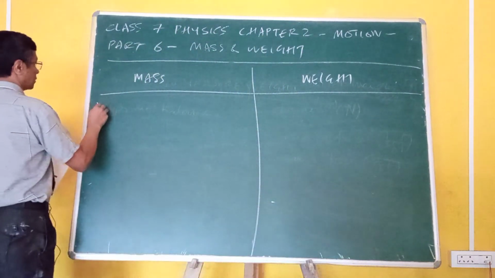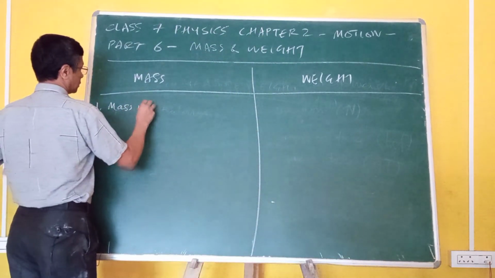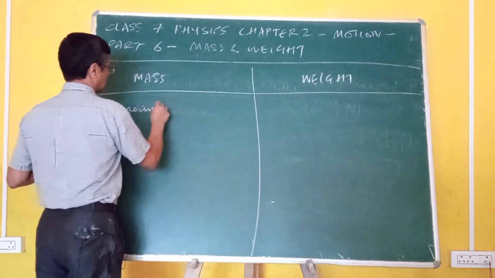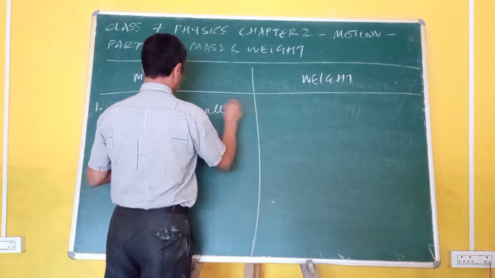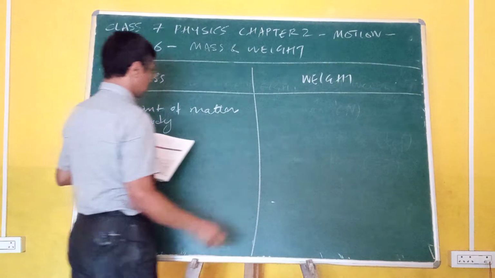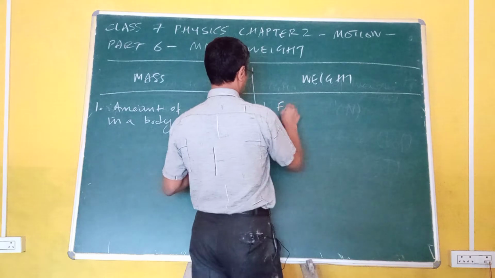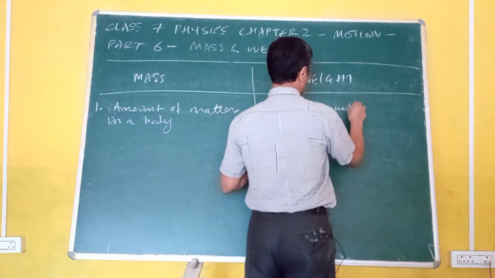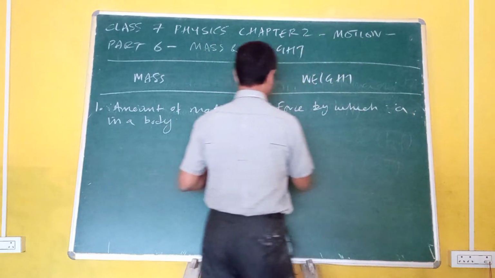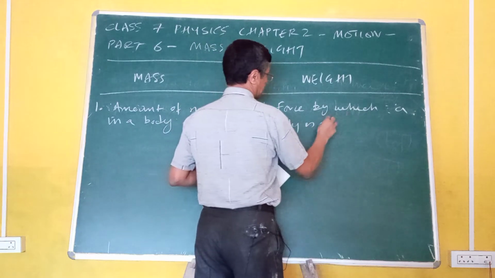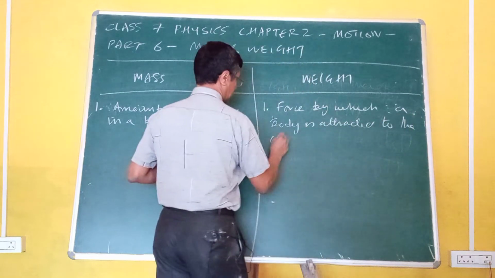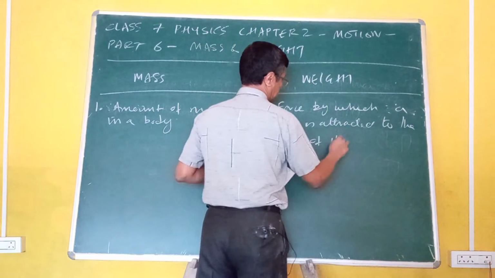First of all, by definition, mass is the amount of matter in a body, whereas in the case of weight, it is the force by which a body is attracted to the center of the earth.